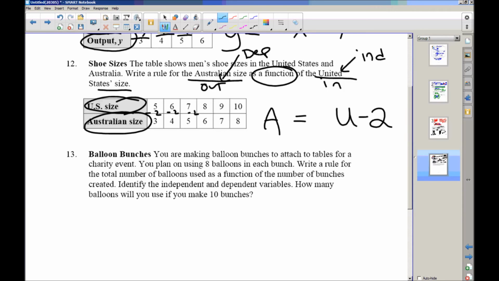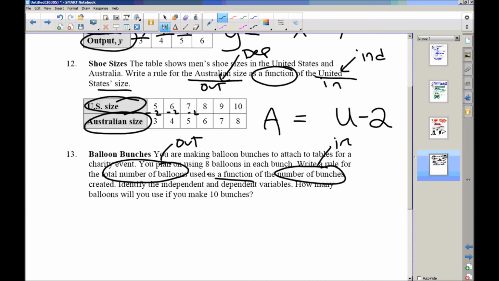All right, number 13, balloon bunches. You are making balloon bunches to attach to tables for a charity event. You plan on using 8 balloons in every bunch. Write a rule for the total number of balloons used as a function of the number of bunches. So total number of balloons is our output as a function of the number of bunches.